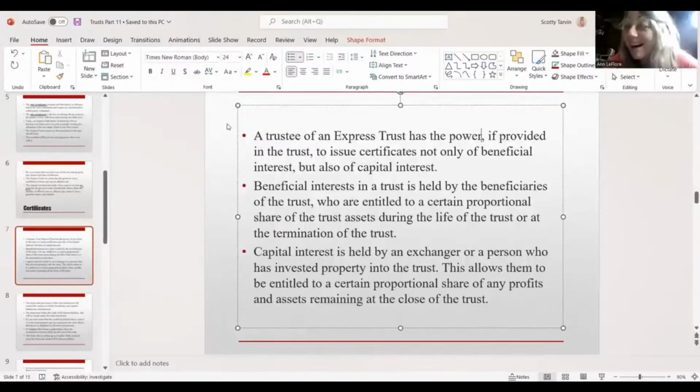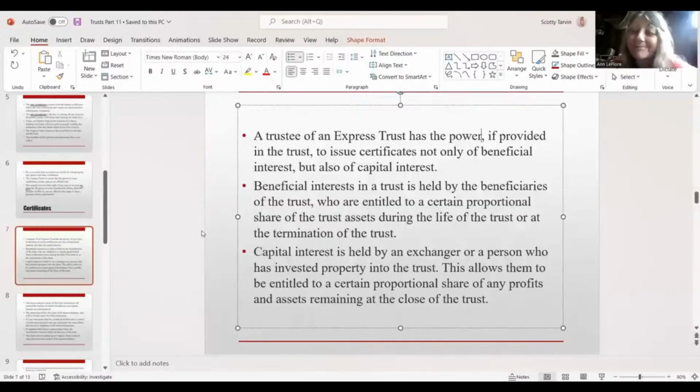A trustee of an express trust has the power, if provided in the trust, to issue certificates not only of beneficial interest, but also of capital interest. And I'm sure that got everybody's capital interest right there in that little statement. Beneficial interest in a trust is held by the beneficiaries of the trust, who are entitled to a certain proportional share of the trust assets during the life of the trust or at the termination of the trust.